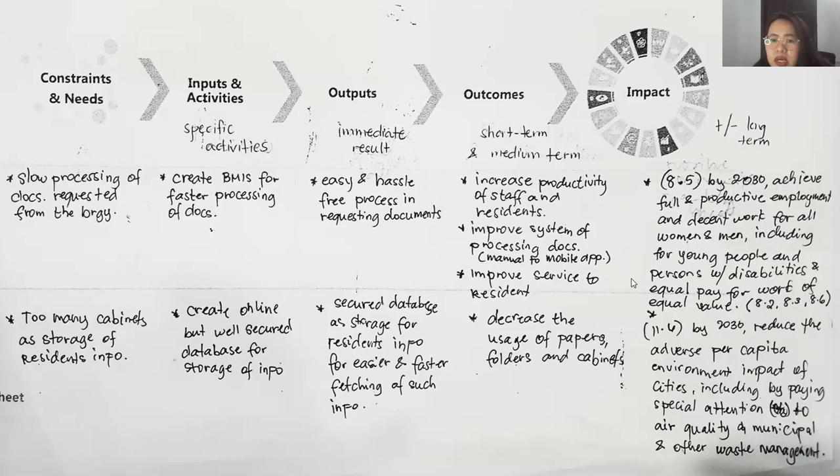And none of those are indicated in their constraints and needs, nor sa kanilang inputs or activities, outputs, or outcomes. So they're actually supposed to choose one lang, pero we discussed why it was supposed to be 1.2 or 1.3, 8.6. We'll go through that, okay?